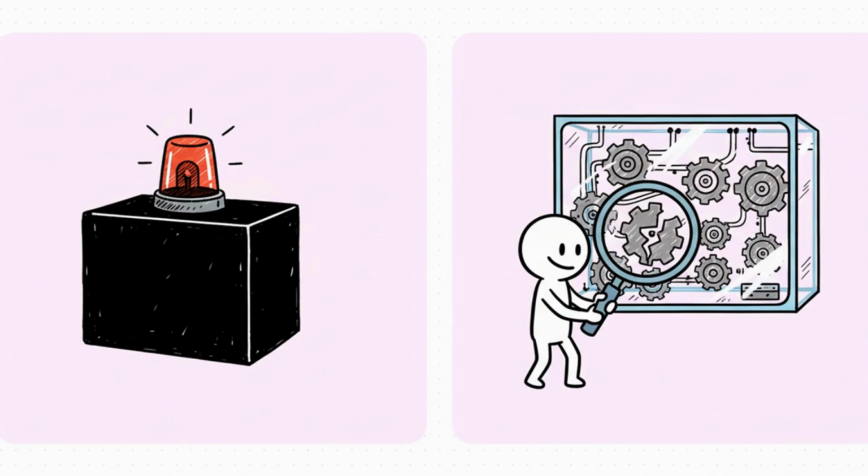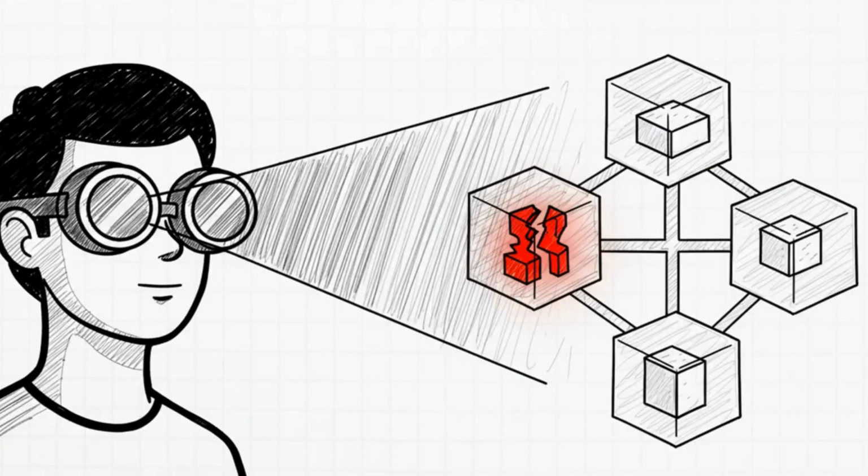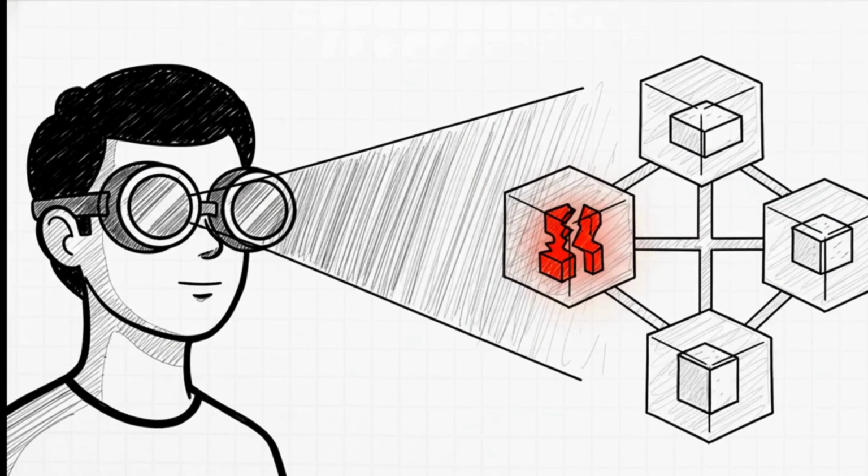It's about having the ability to ask new questions about your system and understand not just that it's broken, but why it's broken. Think of it as upgrading from that simple red warning light to having a pair of X-ray goggles. You can look deep inside your complex system of hundreds of cubes and see the exact gear that's stripped or the specific wire that's disconnected. And this makes finding and fixing problems incredibly fast.